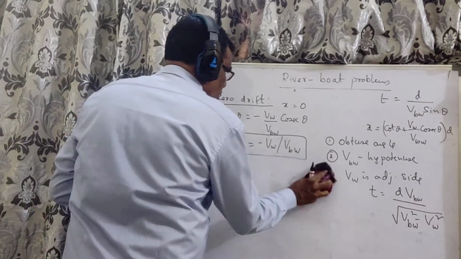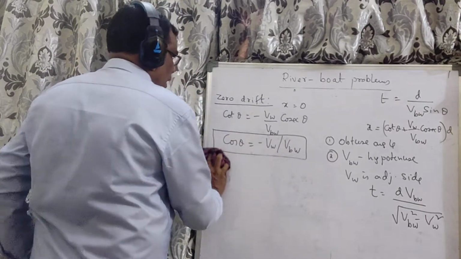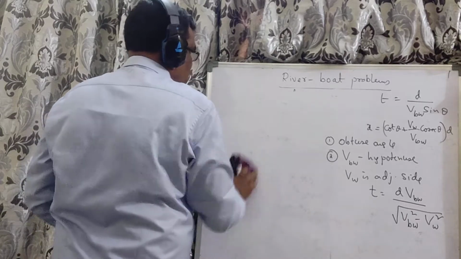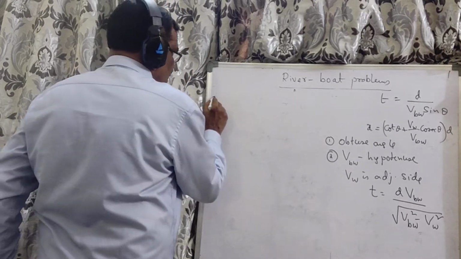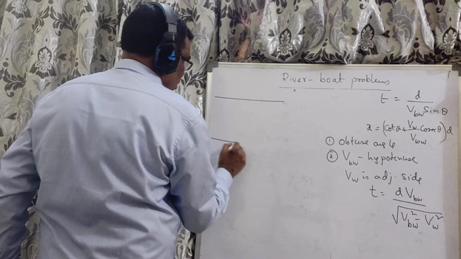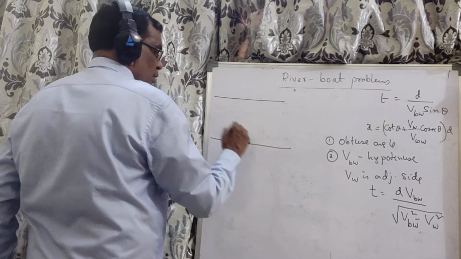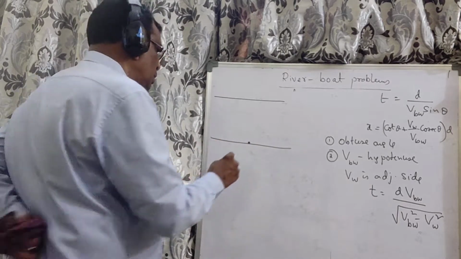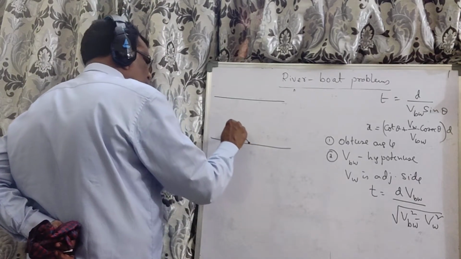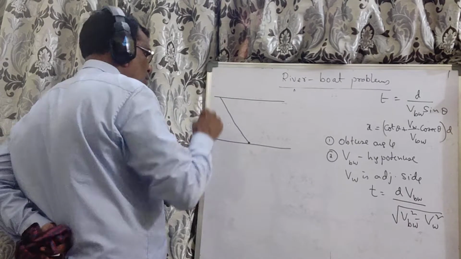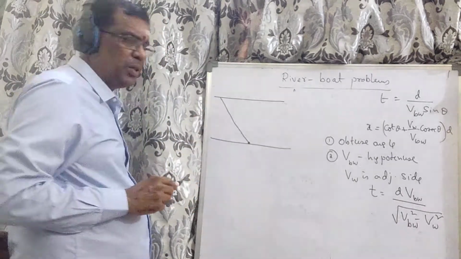Okay? Now I am going to draw the diagram here. For this case, the diagram is: obtuse angle means it should go like this. What should be hypotenuse? That should be hypotenuse.